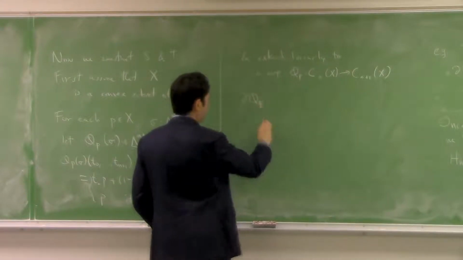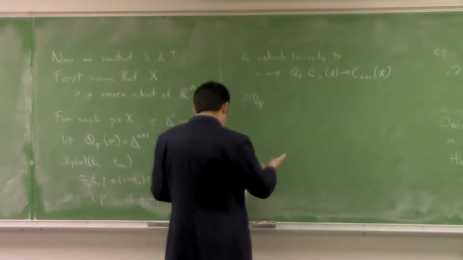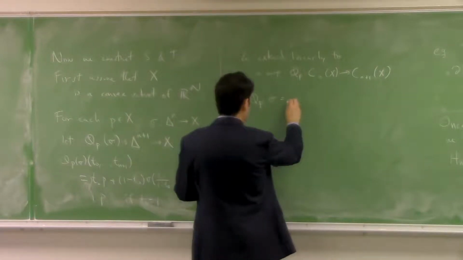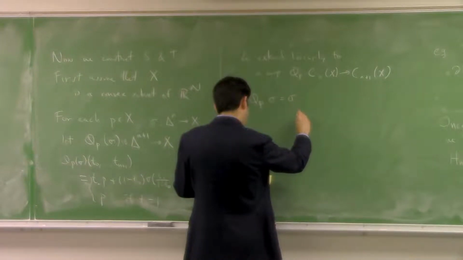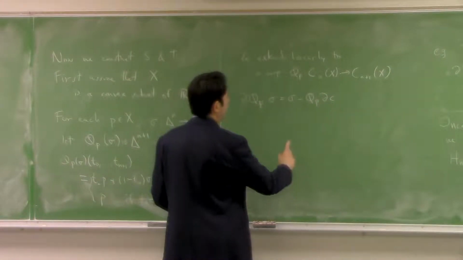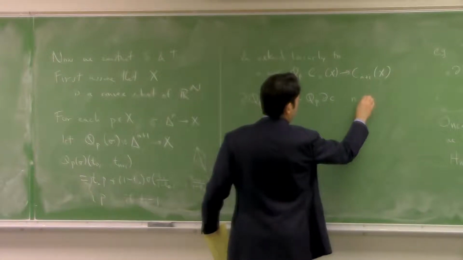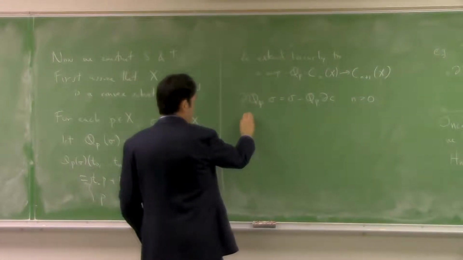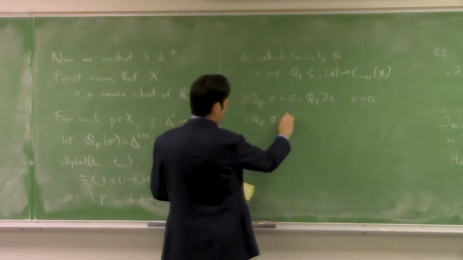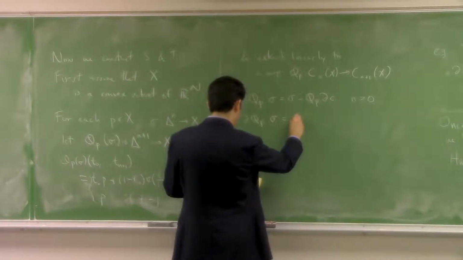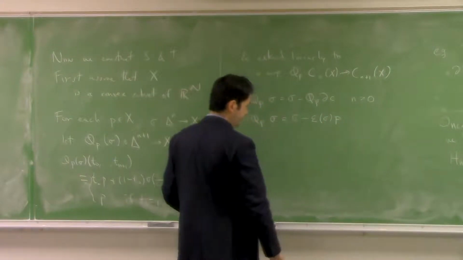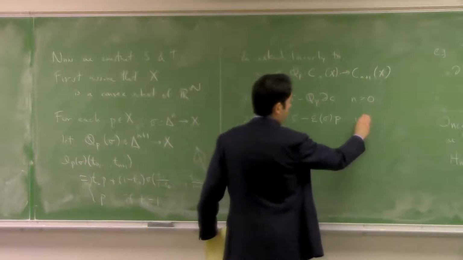Okay, so now an easy computation shows that when you take the boundary, you get sigma minus QP of the boundary of C if n is positive, and what you get if sigma is a simplex of degree 0 is sigma minus the augmentation map of sigma times P if n is equal to 0.